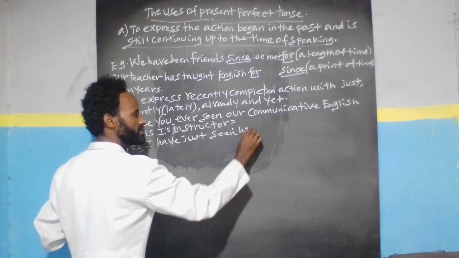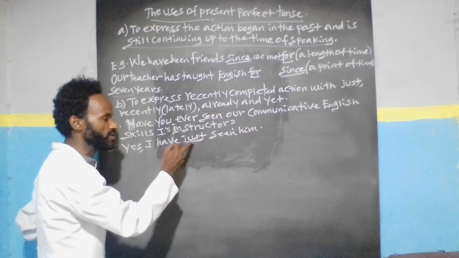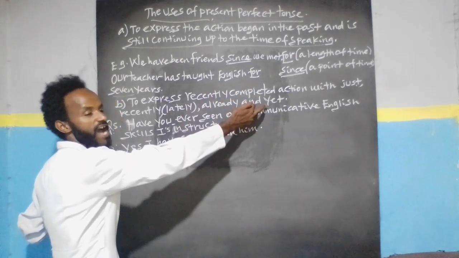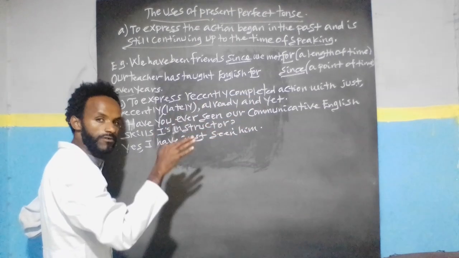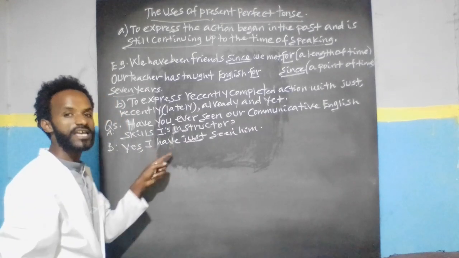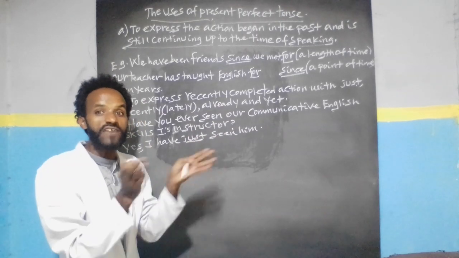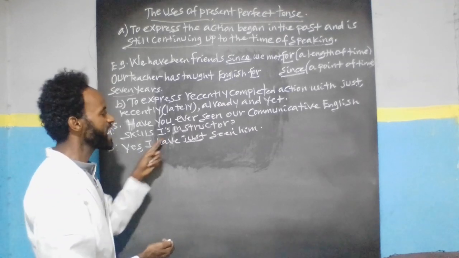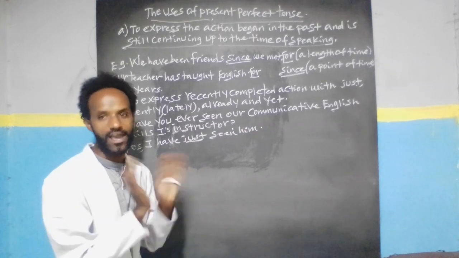Here I have the adverb of time, which is called just. It shows the recent action, that the action took place at this time. What does it mean? When I say I have just seen him, it means I saw him a few minutes ago.